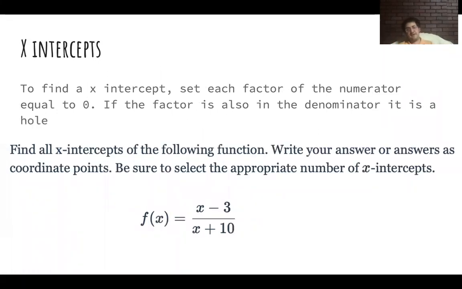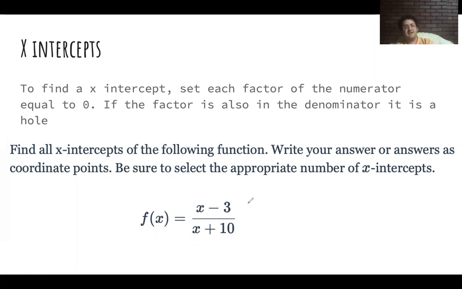X-intercepts. You'll see mixed in your Delta Math, there are going to be ones that have factoring and ones that don't have very much factoring. But I will say that you could use the numerator factors to determine the x-intercepts.